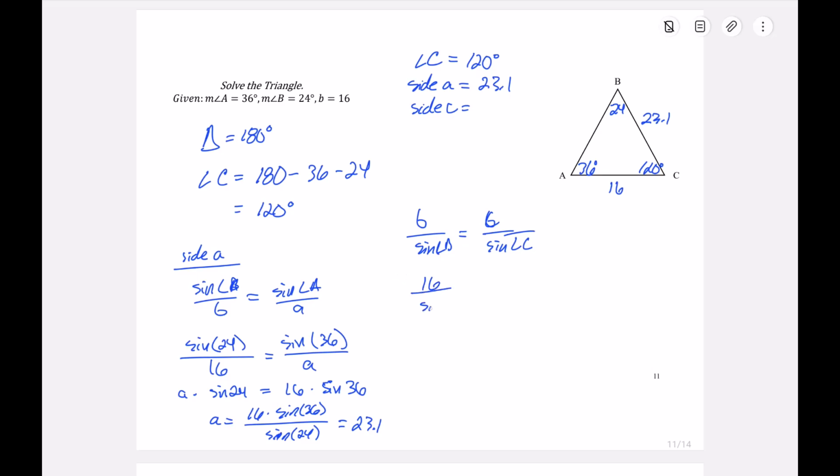So 16 over sine of 24 is equal to C, which is what we're looking for, all over sine of 120 degrees.